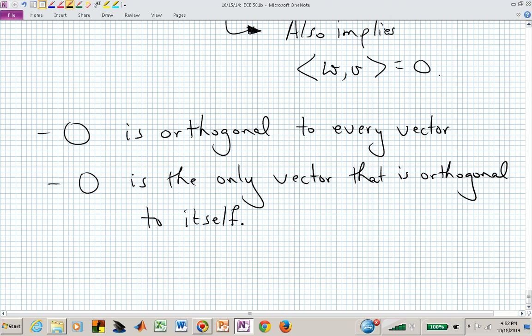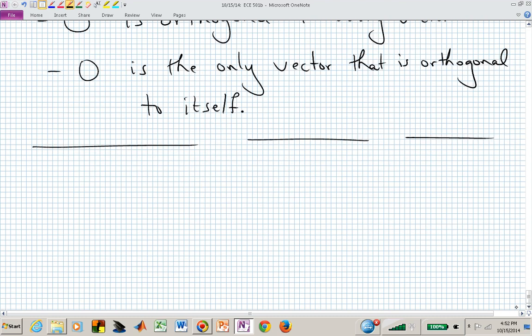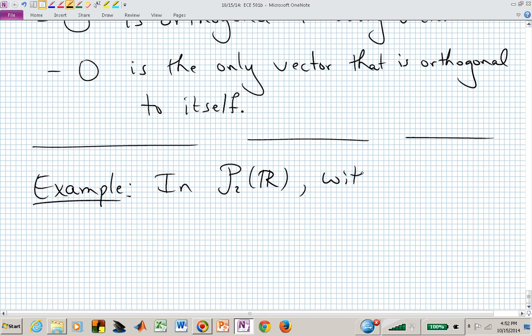Let's now look at orthogonality, not just in the traditional vector sense. Let's look at an example where our vector space, again, is the second-order polynomials with real coefficients, or over the real number line.